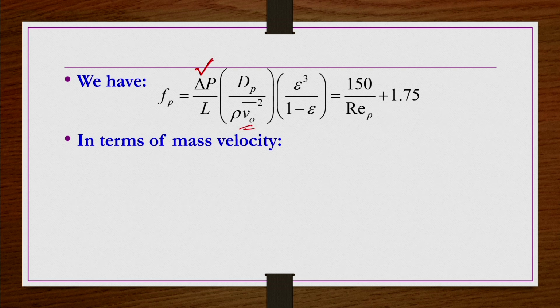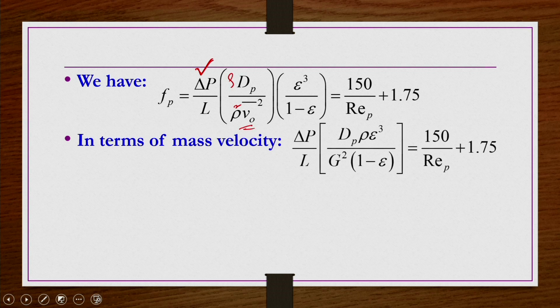What we do is multiply by rho and divide by rho, so that in the denominator we have rho square V naught bar square, which we can write as g square. Then we get delta P by L times dp rho epsilon cube by g square times 1 minus epsilon equals 150 by Rep plus 1.75.